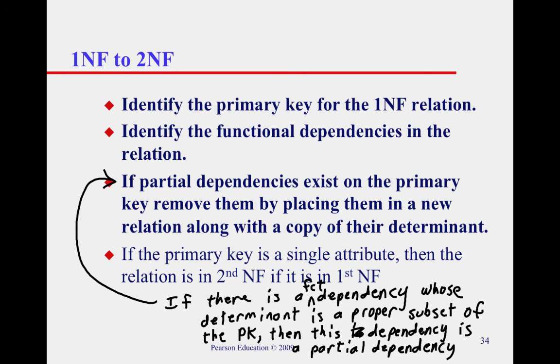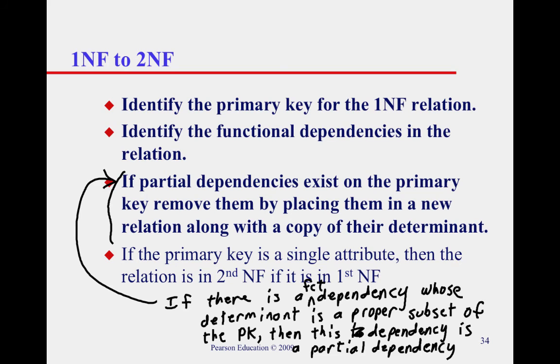Okay, so what we do is we remove all the right-hand attributes from the original relation and move them to a new relation, and we copy the left-hand side into the new relation. So that's what we're saying here. It says if partial dependencies exist on the primary key, remove them by placing them in a new relation.